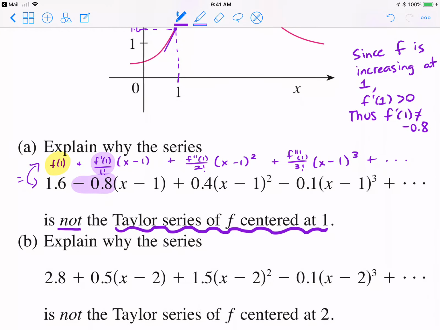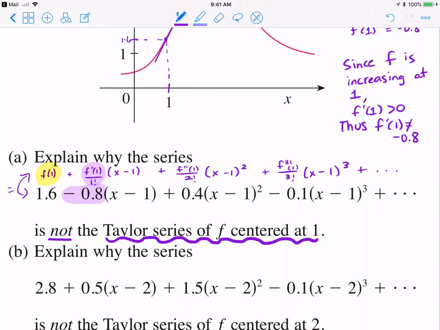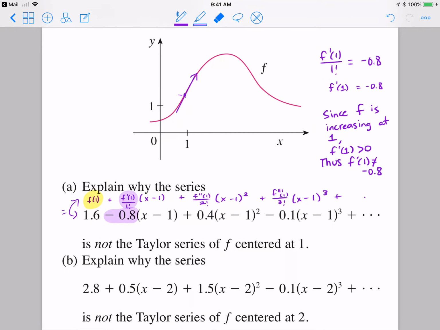Okay, now let's look at this one. Explain why the series 2.8 plus 0.5(x minus 2) plus 1.5(x minus 2) squared minus 0.1(x minus 2) cubed is not the Taylor series of f centered at 2. Okay, so let's analyze the behavior of our function at or near x equals 2. I'm just going to estimate that this is 2.